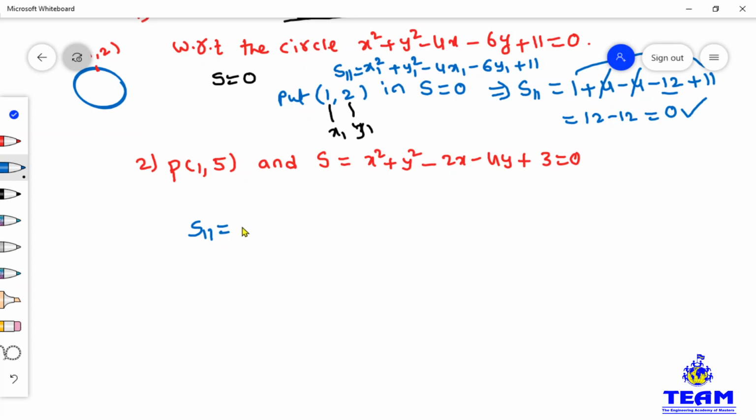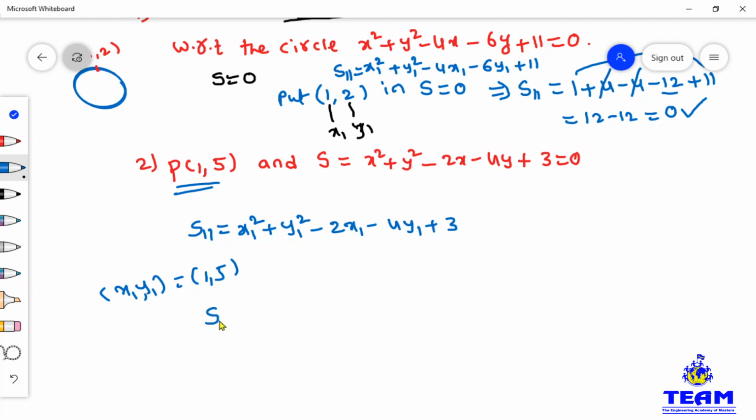S11 is equal to, in place of x we write x1, in place of y we write y1: x1 square plus y1 square minus 2 into x1 minus 4 into y1 plus 3. Here no need to write 0 because we are finding the S11 value at this point. Here x1 comma y1 is 1 comma 5.